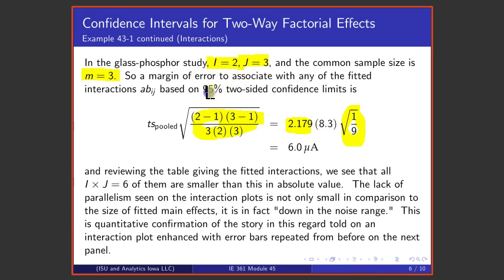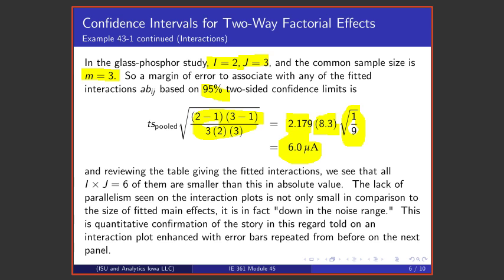2.179. If we're working on 95% confidence, that number is the same number that was used when we were ignoring the two-way structure of the glass phosphor data, and there is the pooled S. That is associated with every ABIJ is a margin of error of about 6.